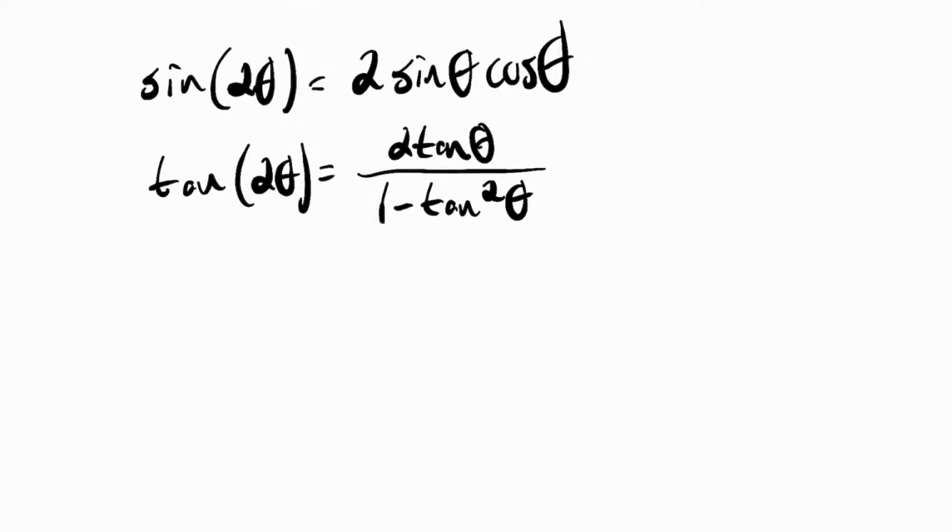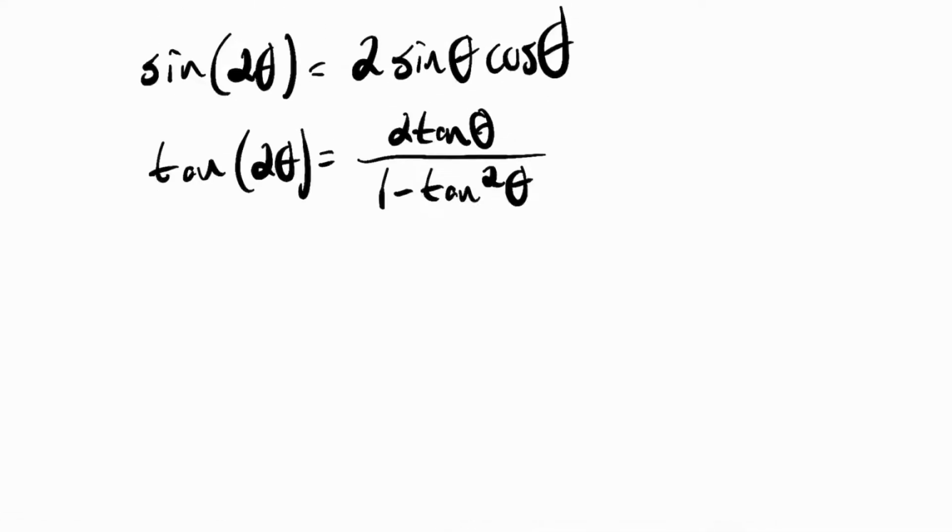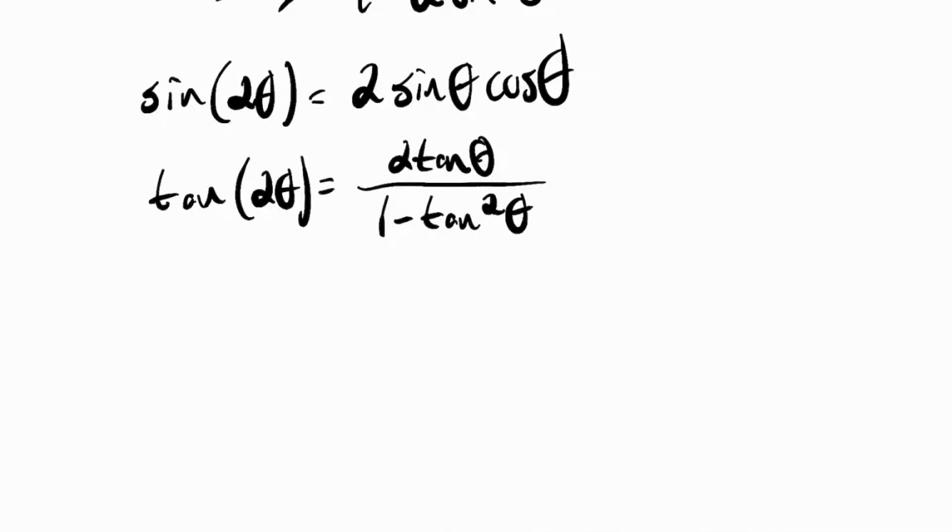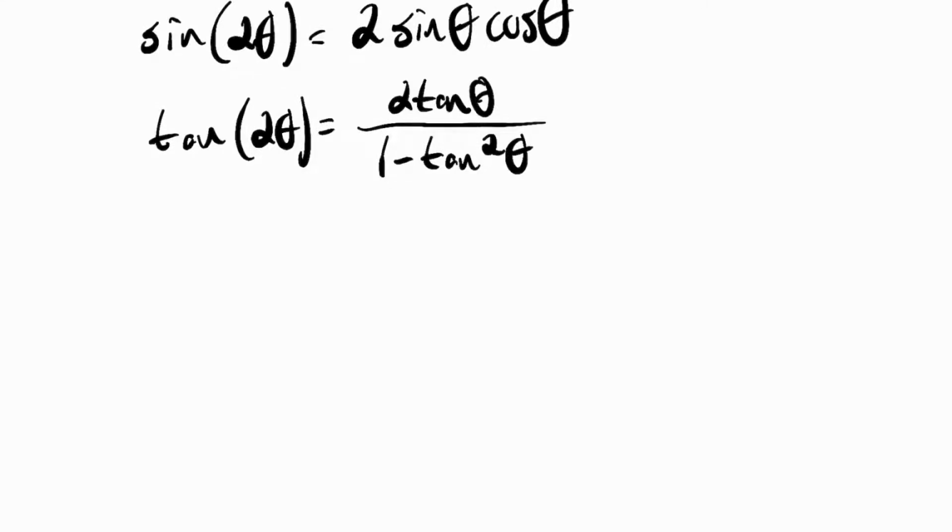Now let's look at the half angle formulas. I'm probably going to run out of room. Maybe. We'll make a new page. So for cosine, let's back up a little bit. Let's say I'm going to use cosine of 2, let's call it 2 alpha.